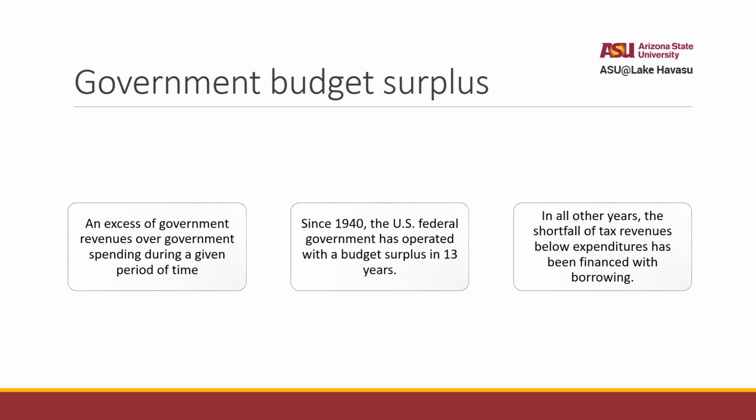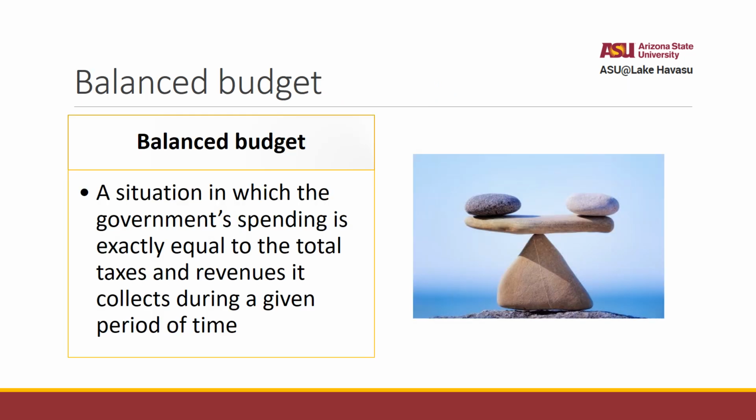In all other years, the shortfall of tax revenues below expenditure has been financed with borrowing. Not only can there be a budget deficit or budget surplus, but there is also a situation called a balanced budget. It is a situation in which government spending is exactly equal to the taxes and revenues it collects during a given period of time.